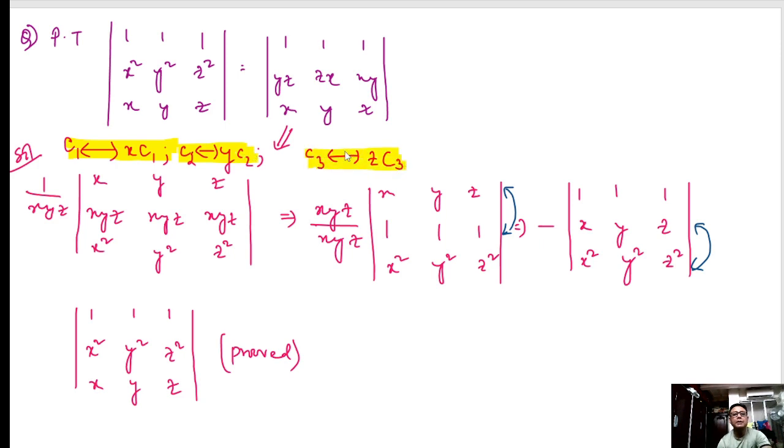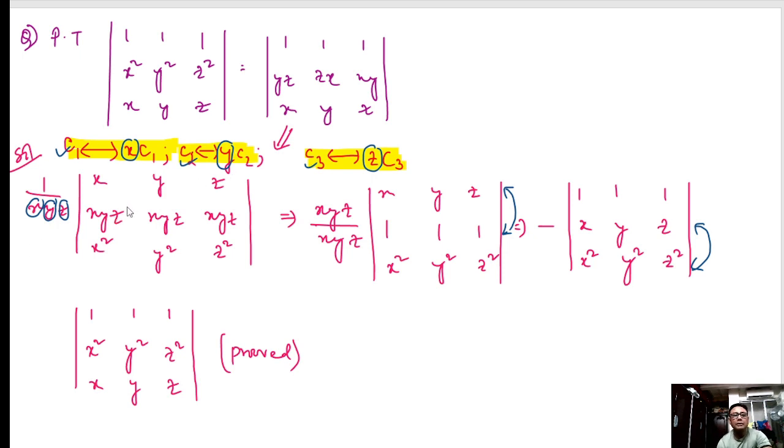Since we are multiplying some element with every column, we have to adjust it by dividing with X, Y and Z, because we have multiplied the first column with X, the second column with Y, and the third column with Z. So we have to adjust them by dividing.